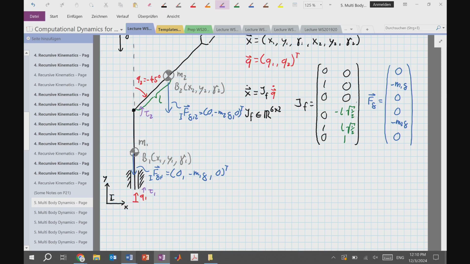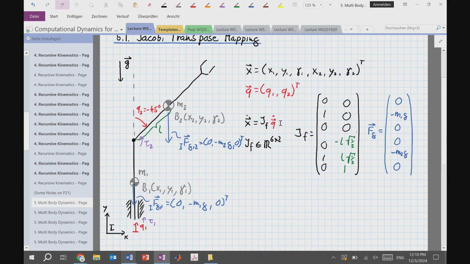You have a question? Yeah, is the vector Fg the vector of generalized forces, or is it just Fg1 and Fg2 stacked? It's something in between. It's sort of in this X space, so it's combining translation, so forces and torques. Of course I not only stack these, I should have written this differently, pardon me.